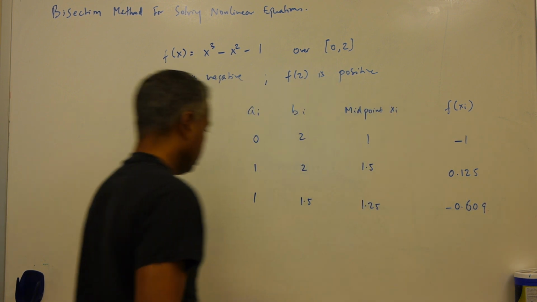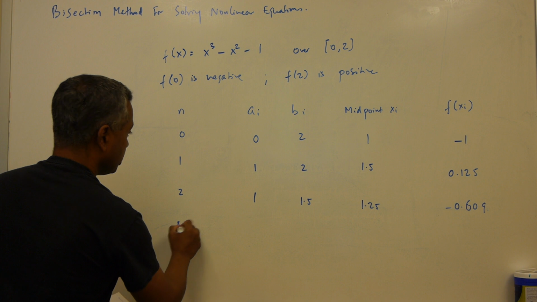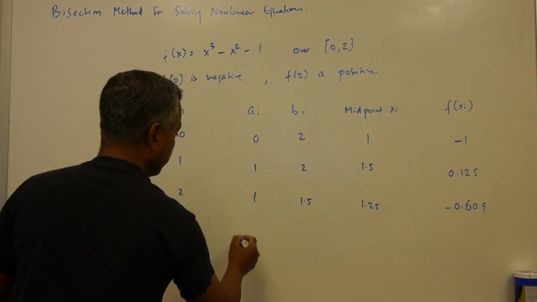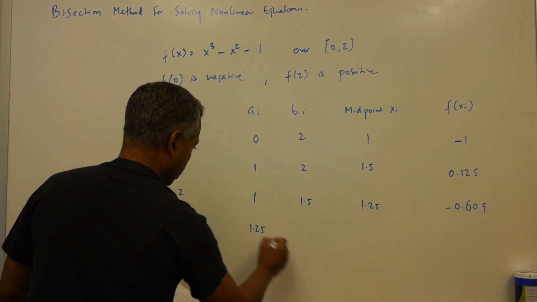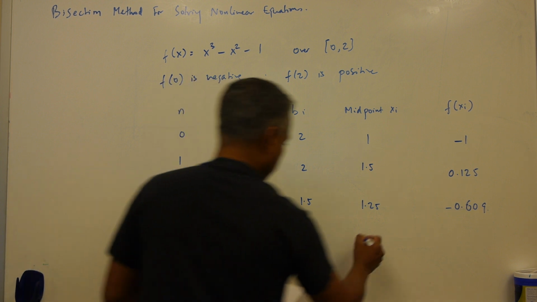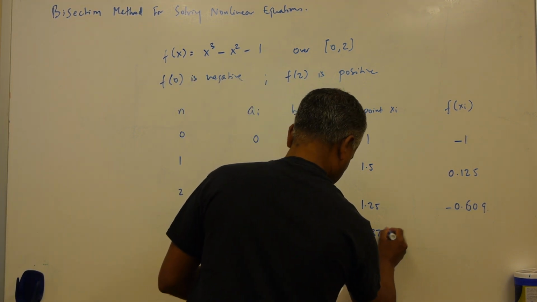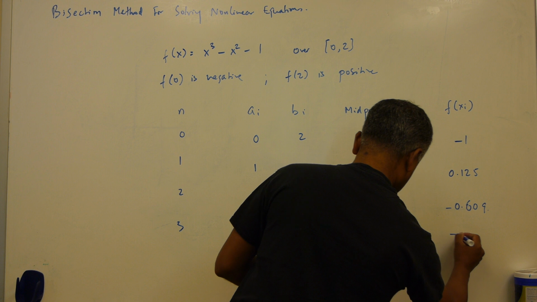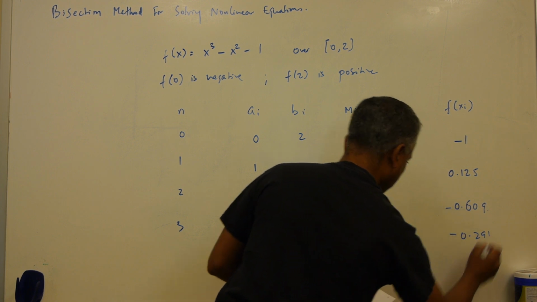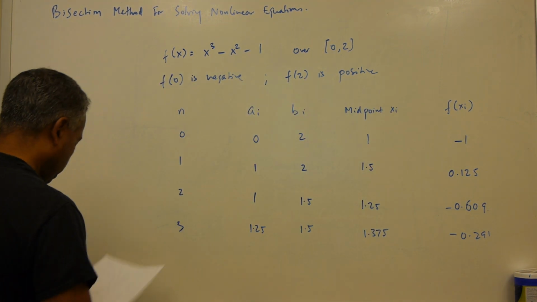Okay, so in the third iteration, of course, now this becomes the left end of your interval. This is 1.25, 1.5, 1.375, and the function value at midpoint is minus 0.291. And I'm going to skip a whole bunch of steps.